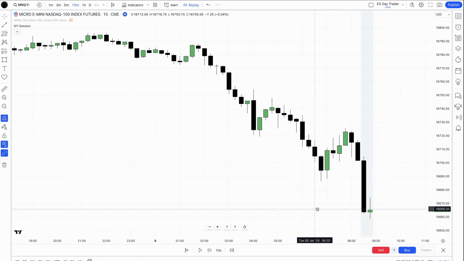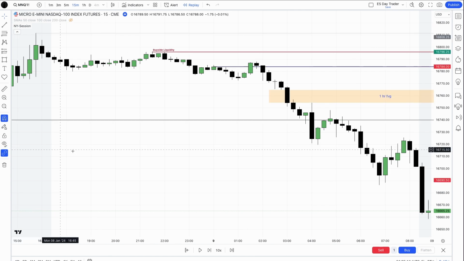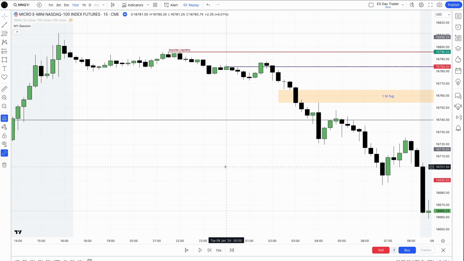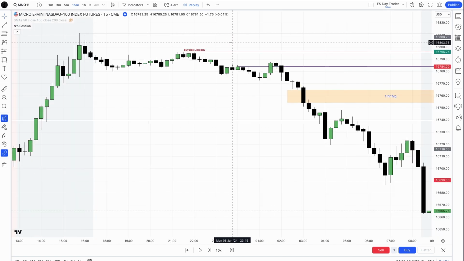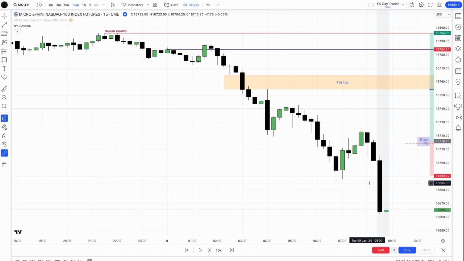And then let me turn on the drawings. All right. So we're marking the New York Midnight Open, buy side liquidity, previous day high, 1 hour fair value gap, and then we focus on looking for setups.